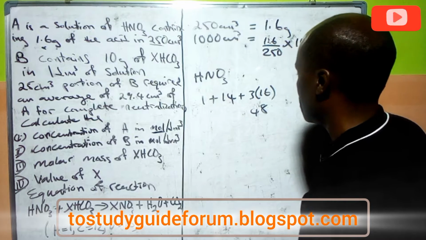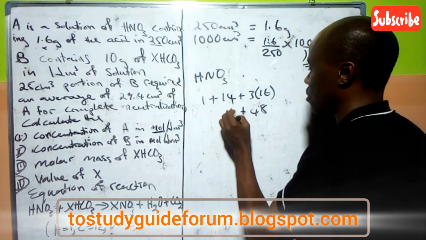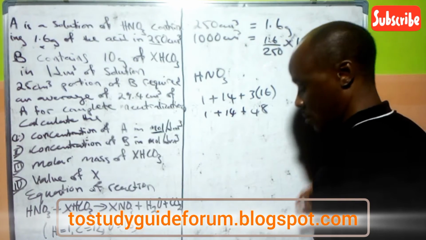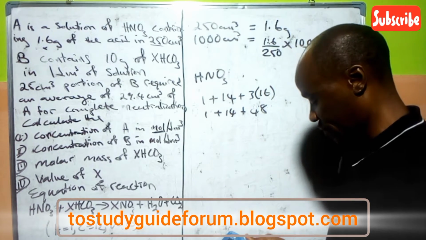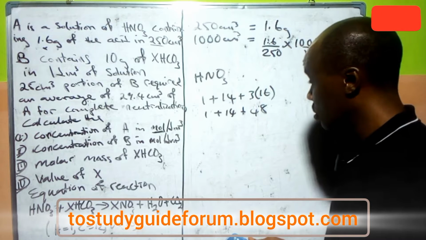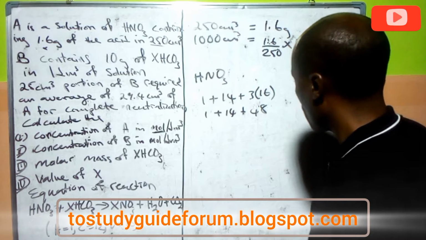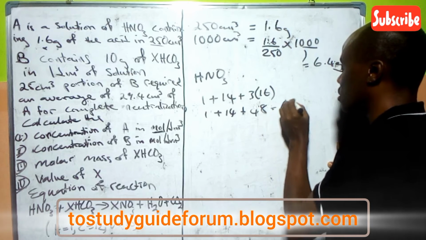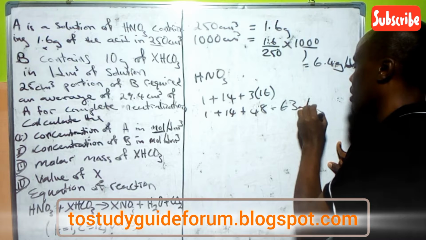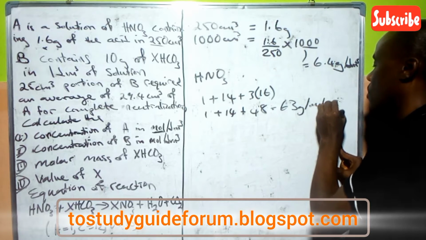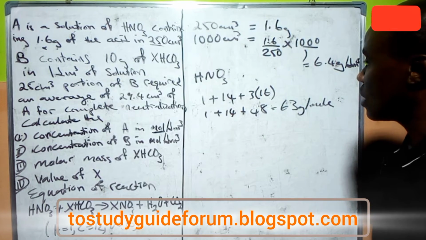Then we have plus 14 plus 1. When we add up all these, what we have is 63 gram per mole. So that's what we have.